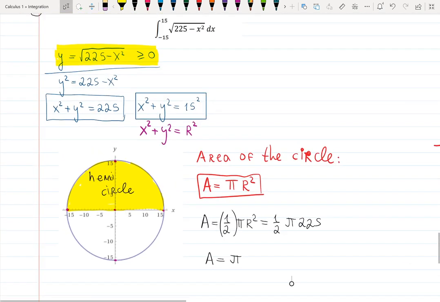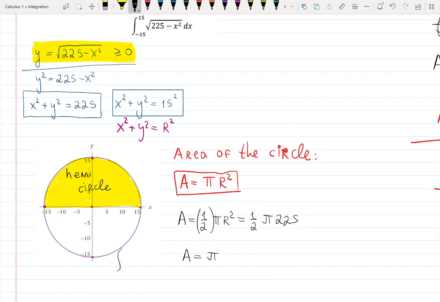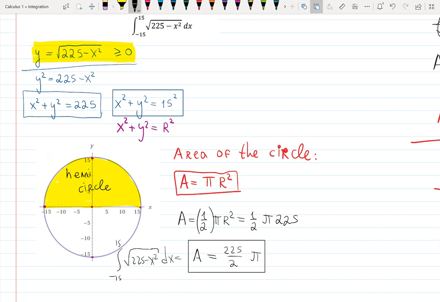And the integral from -15 to 15 of the square root of 225 minus x squared dx is the area, which is pi 225 over 2. Actually, that's not very nice to write down. It should be 225 over 2 pi. That's the most standard way. Found it.